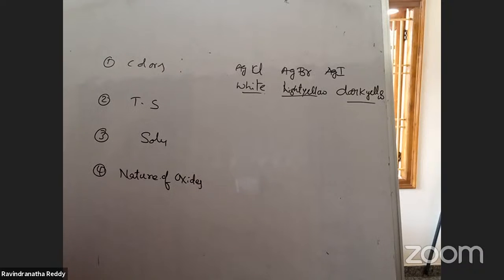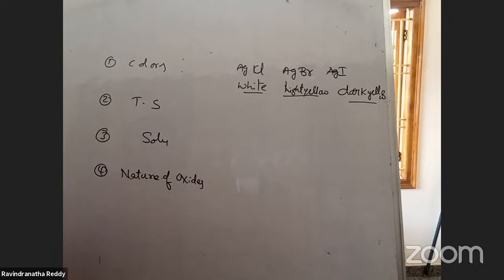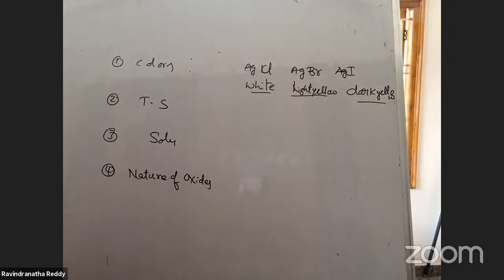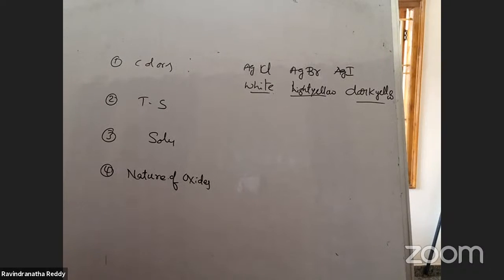But silver iodide is dark yellow. What is the reason? The polarizability of the iodide ion is more, not polarizing power. So covalent nature is more.